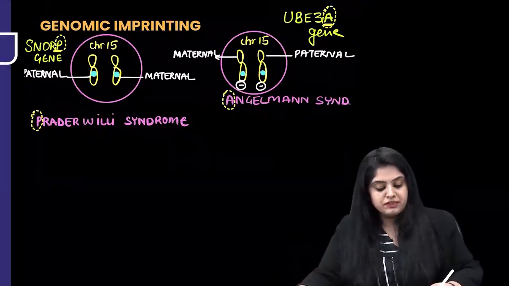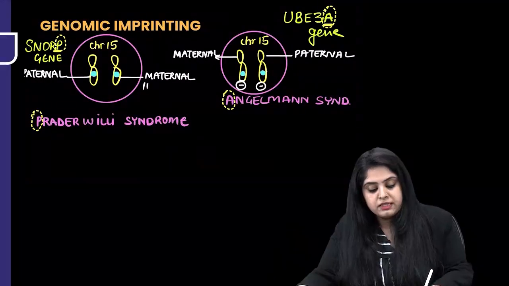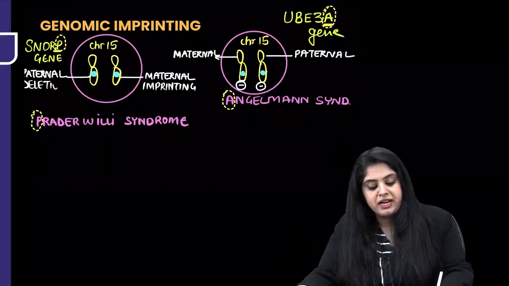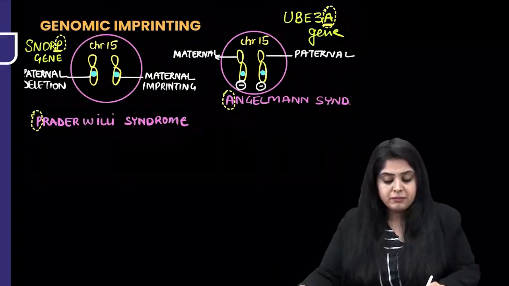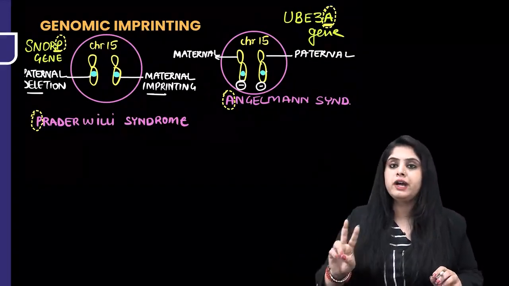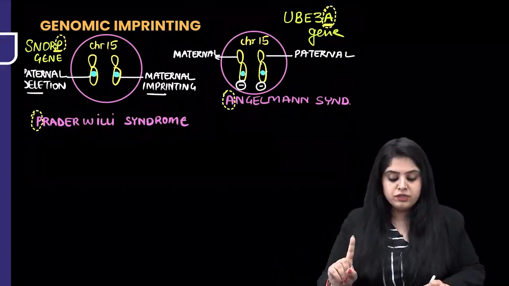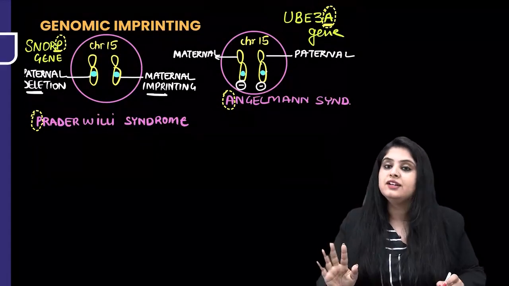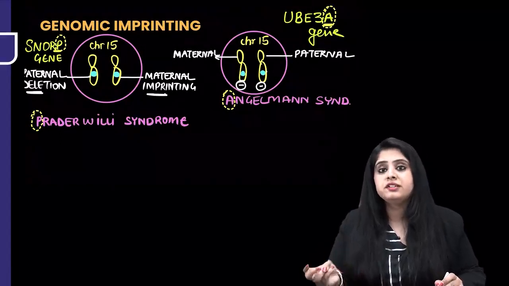Please note, there is going to be maternal imprinting and paternal deletion that you see in a case of Prader-Willi. How do I learn what is imprinting? It means silence. What is silenced and what is deleted? Simple. There are two kinds of students in class. One student who is silent and one student who is just going to bunk, deleted. So which student is silent and which is bunking?